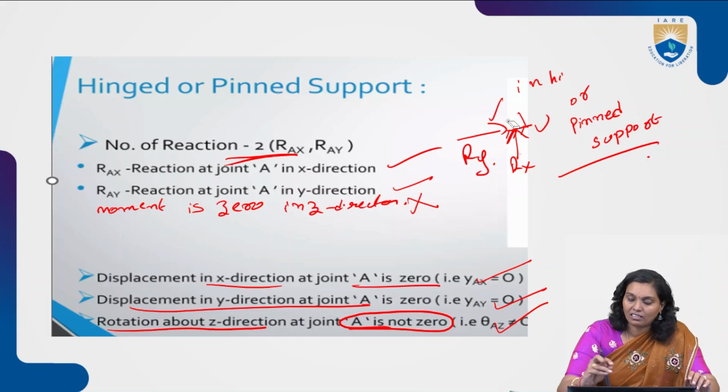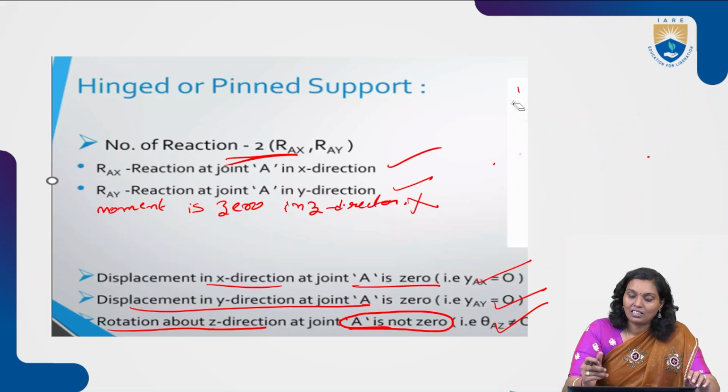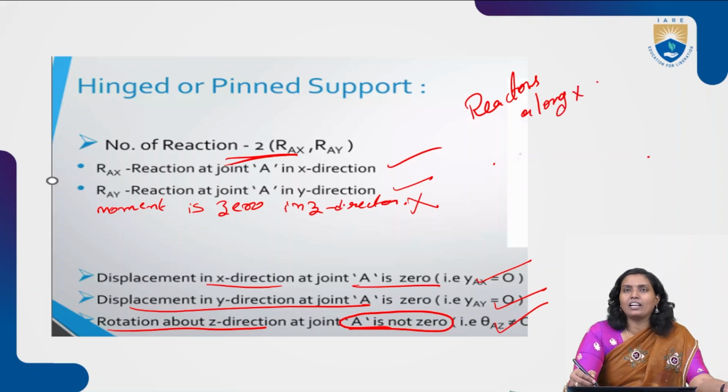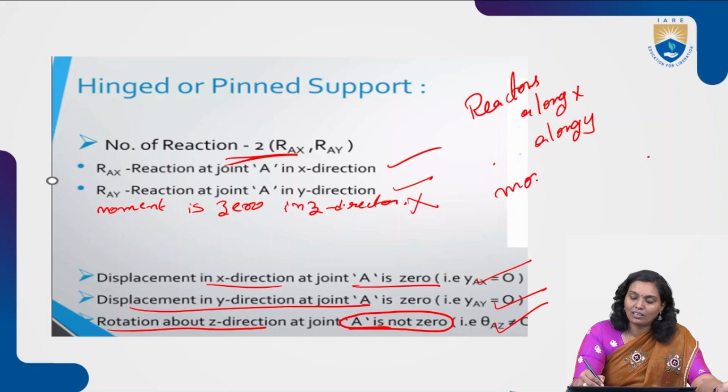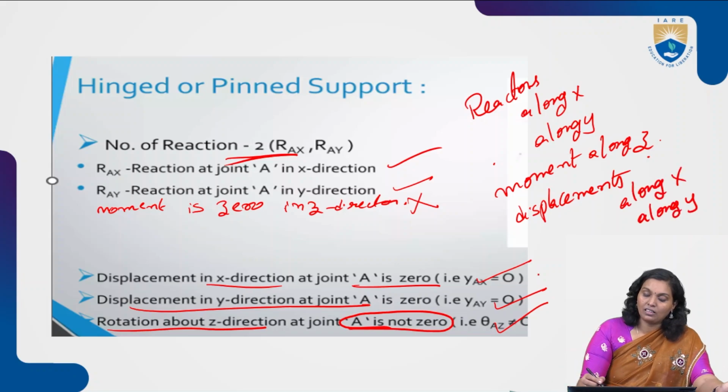Now consider these 6 parameters: reactions along any direction, generally we consider x and y, and movement along z, displacement along x, along y, and rotation.